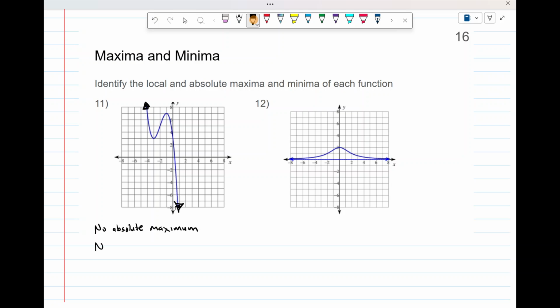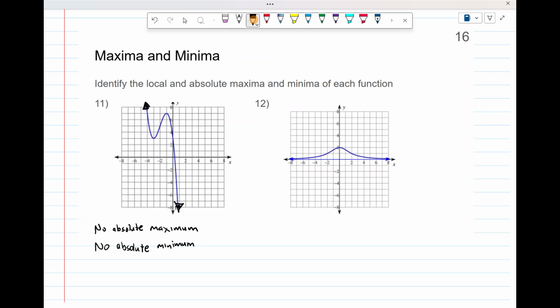There is no absolute minimum. If a graph goes to positive infinity, there will be no absolute maximum. And if it goes to negative infinity, there will be no absolute minimum. And in this case, there's both. So we have no absolute maximum nor any absolute minimum.